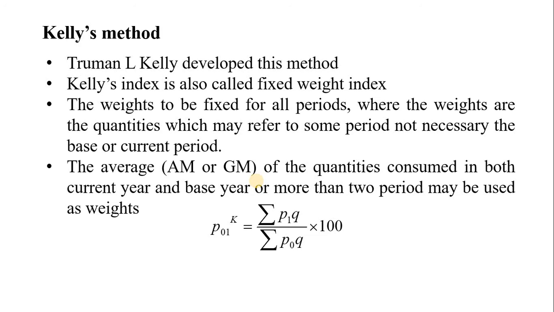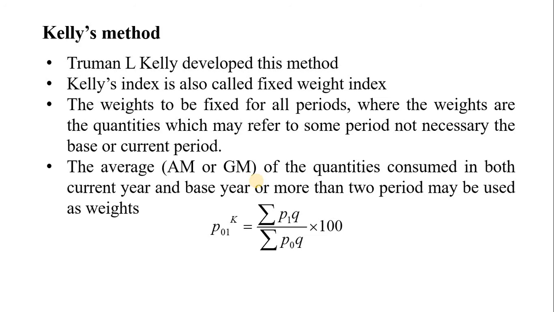Let me repeat certain things that we have discussed so far. First thing is why we need a weighted index number. The answer is, in order to capture the relative importance of commodities, we need to consider the weights. In a commodity basket, all the products do not have equal importance. Some commodities may have more importance in our basket, so we have to consider the weights.